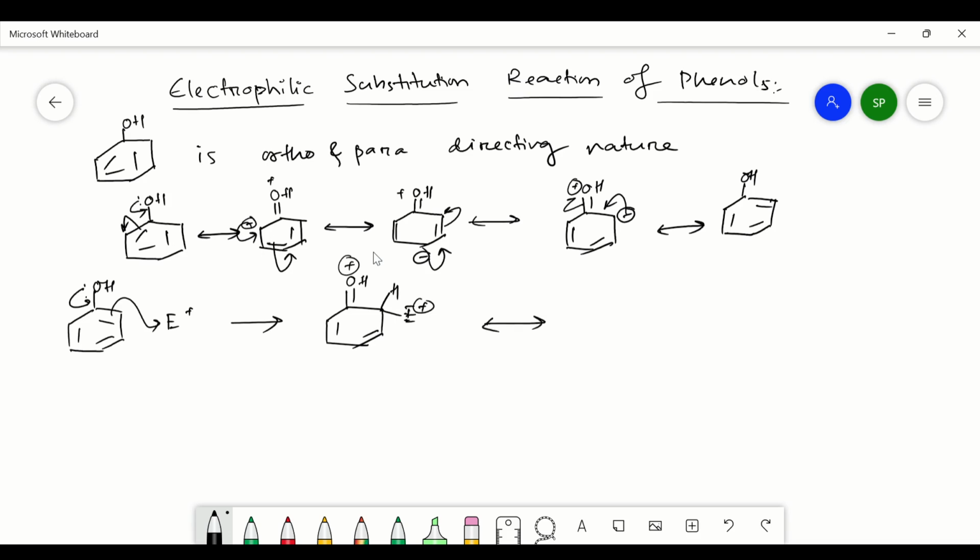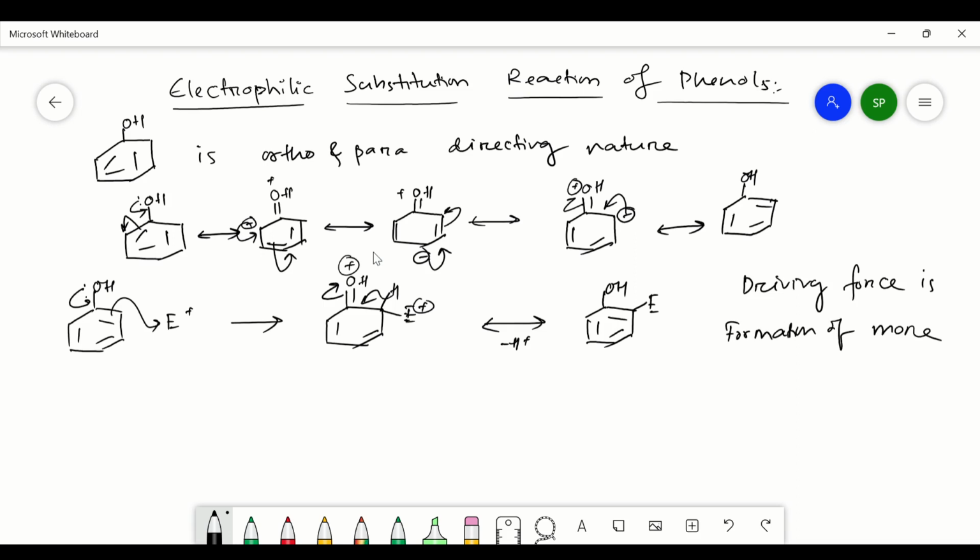there will be removal of this hydrogen and formation of OH and the electrophile attached to the ortho position. The driving force of this reaction is the formation of a more stable aromatic compound.